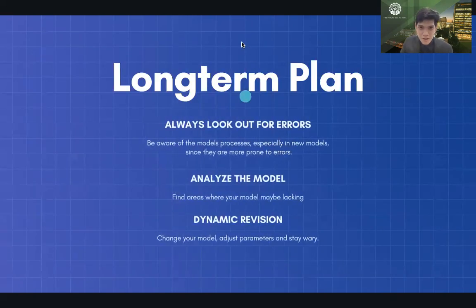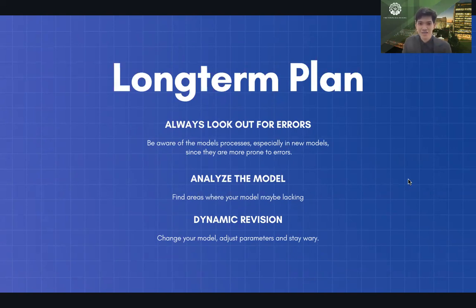So the last part of this presentation is the long-term plan. Models are not entirely perfect, so we should always be aware of these three things. First, we should always look out for errors. We should always be aware of these models' processes, especially new models, because they are more prone to errors.